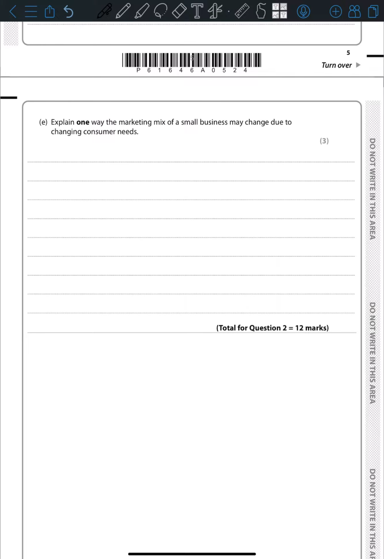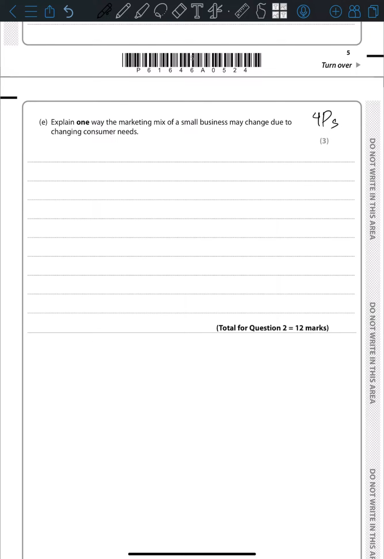Explain one way the marketing mix of a small business may change due to changing customer needs. So this is also a 3 marker, and we know that the marketing mix consists of the 4 P's. Whenever we hear marketing mix, we think of the 4 P's. That is price, product, place, and promotion. So we have to think of one way that any of the P's is going to be changed if we have customers who have changing needs.